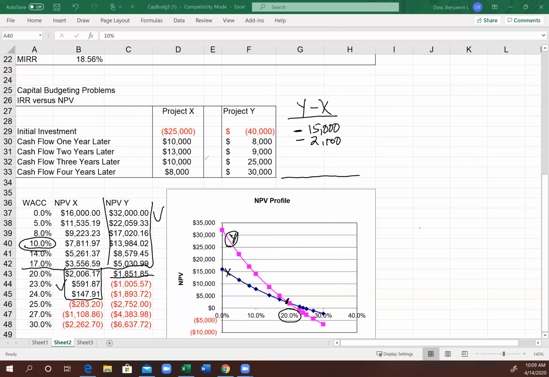And 9,000 minus 13,000 is negative 4,000. 25,000 minus 10,000 is 15,000. And 30,000 minus 8,000 is 22,000. Okay. So then I find the internal rate of return of the difference in these cash flows.